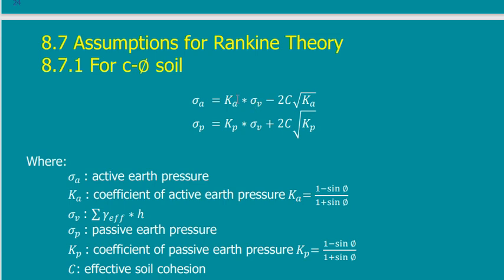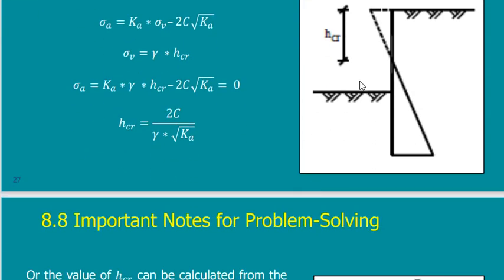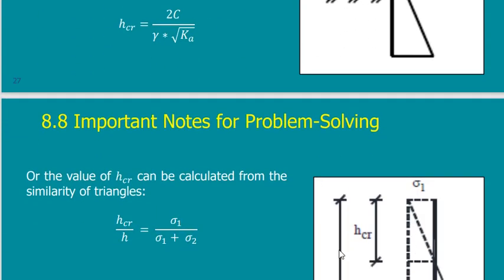You will find that the only factor that you don't know is sigma vertical, because it is gamma multiplied by H, and you don't know this H. This is H crack that we need. So just substitute, remove sigma vertical and make it gamma H crack. And then solve this equation, you will get H crack. Whatever the way you use to calculate H crack, calculate it.